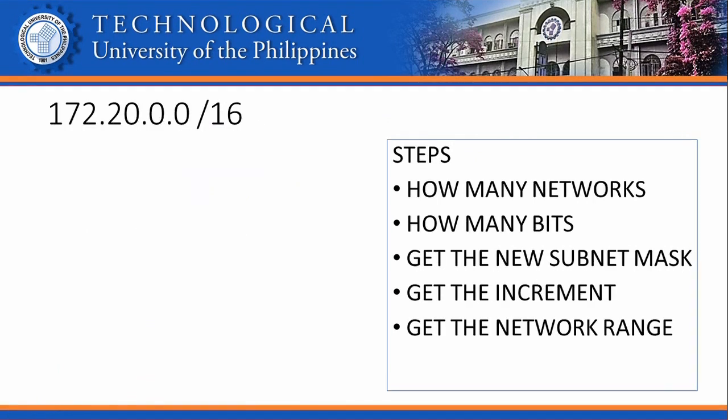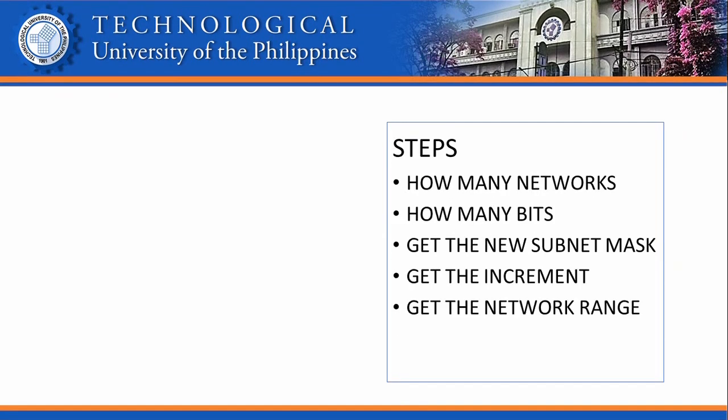So, for our last step is to get the network range. So, ito yung network address natin. First is to copy the class full network address, which is 172.20.0.0. O, saan tayo mag-i-increment? Which octet? Sa new subnet mask natin, ano yung may huling value? O, balik tayo.